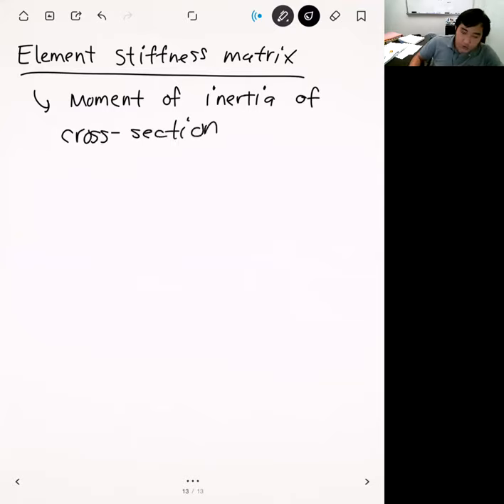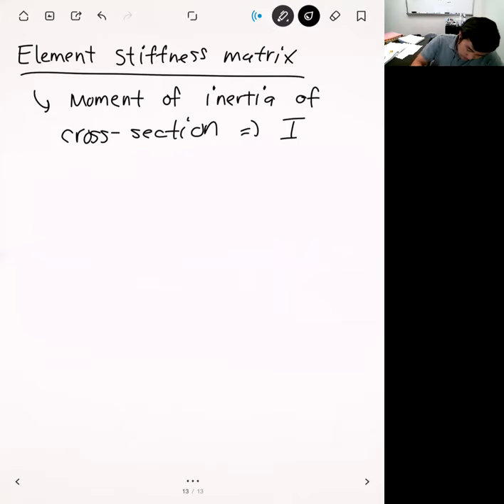It's the moment of inertia of the cross section, which we give the symbol I. I kind of got ahead of myself a bit. What this I represents is a representation of how mass is distributed in the cross section of the beam.